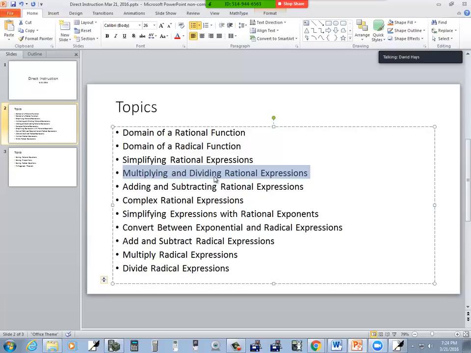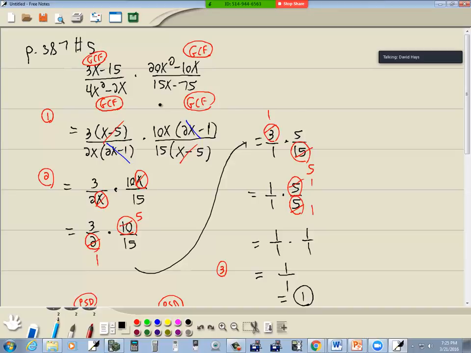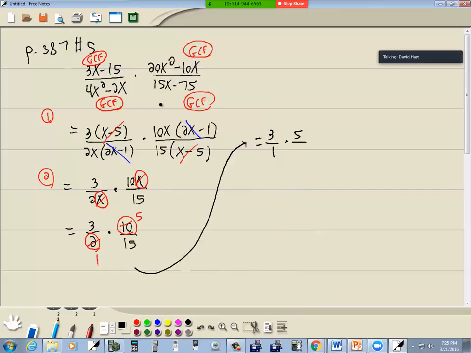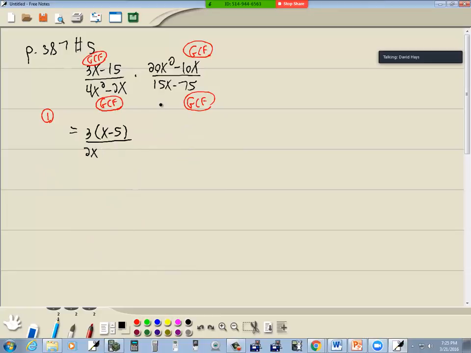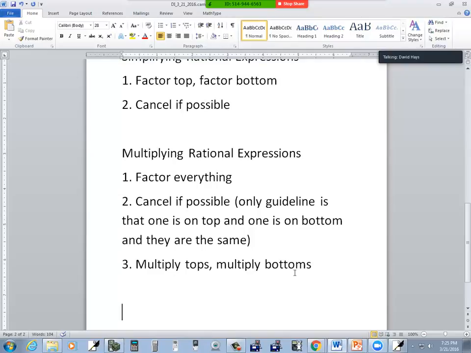Now the second part of that is dividing rational expressions. And really there's not many steps for dividing rational expressions. Let me clear this off. Dividing rational expressions. We never actually divide.